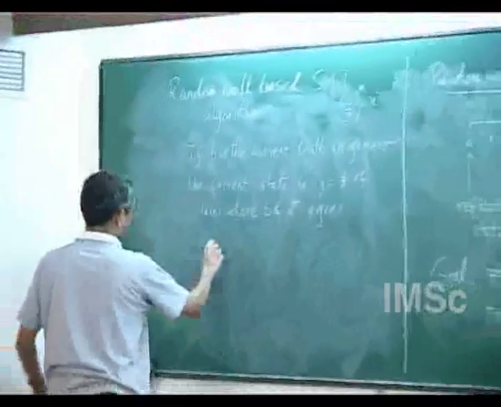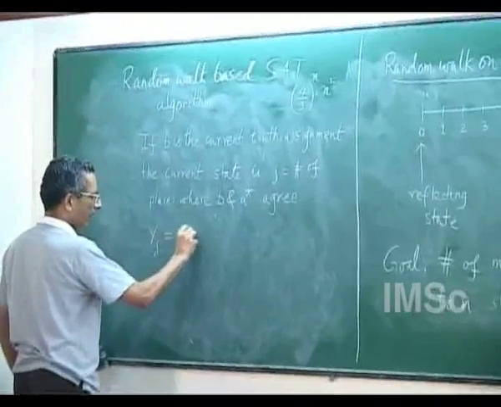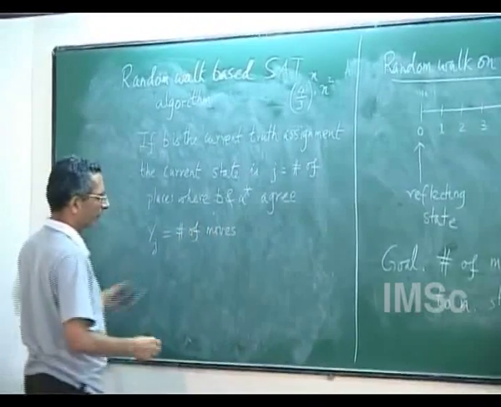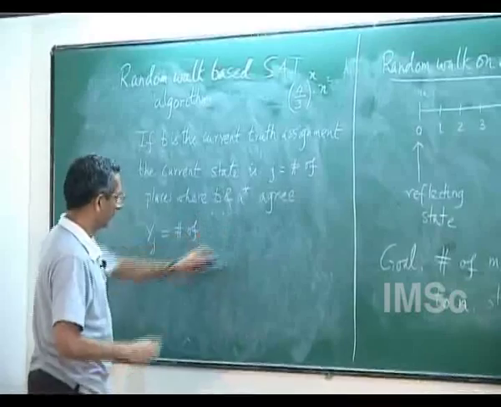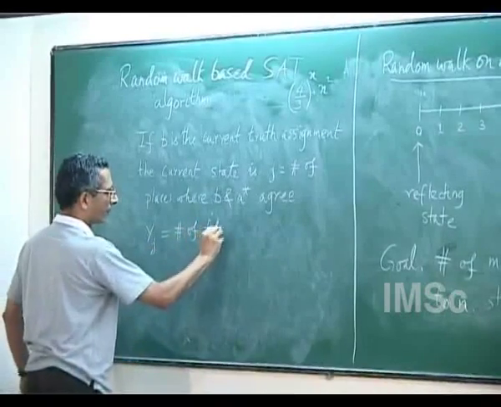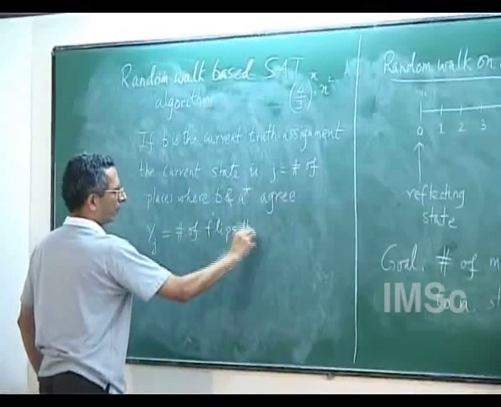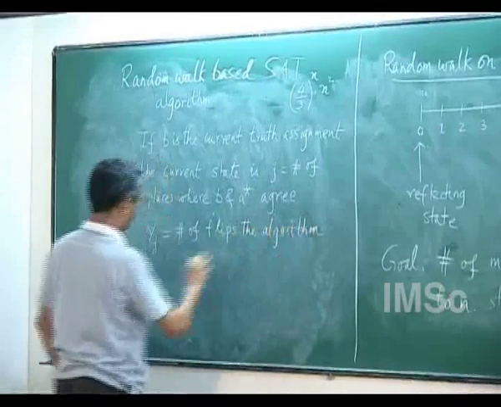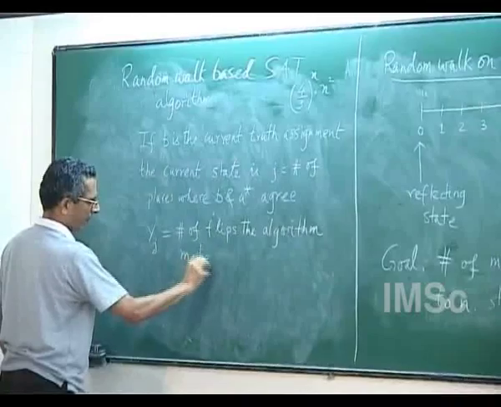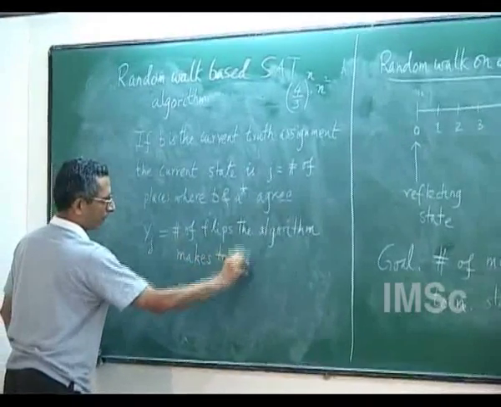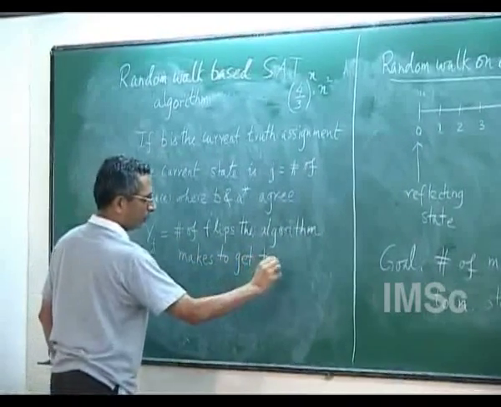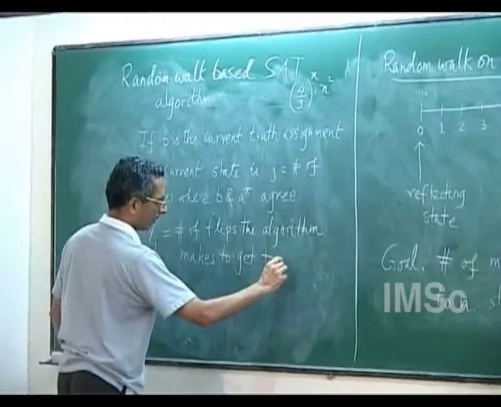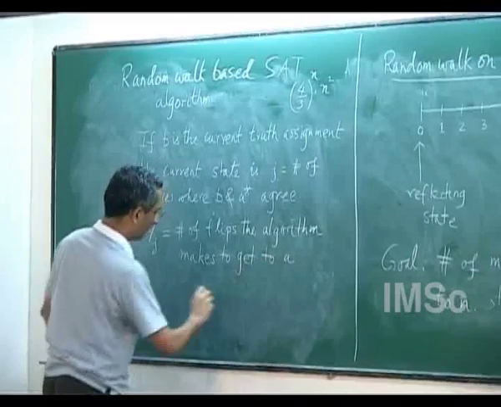Let's say Yj is the number of moves, or the number of flips, the algorithm makes to get to a satisfying assignment.